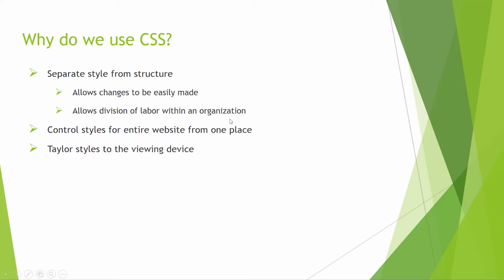What we mean by that is we have, as we talked about before, the structure of the HTML. When you overlay that with the CSS styling, you can go back and make massive changes to your website without having to change all of the content and structure that you've built in. For those of you who have been involved with an organization for a while, you may have gone through multiple web pages or websites over the years.